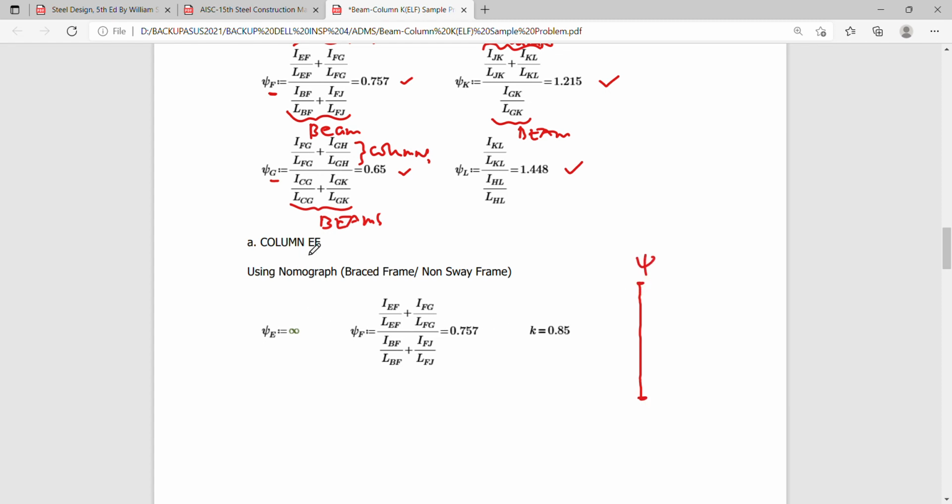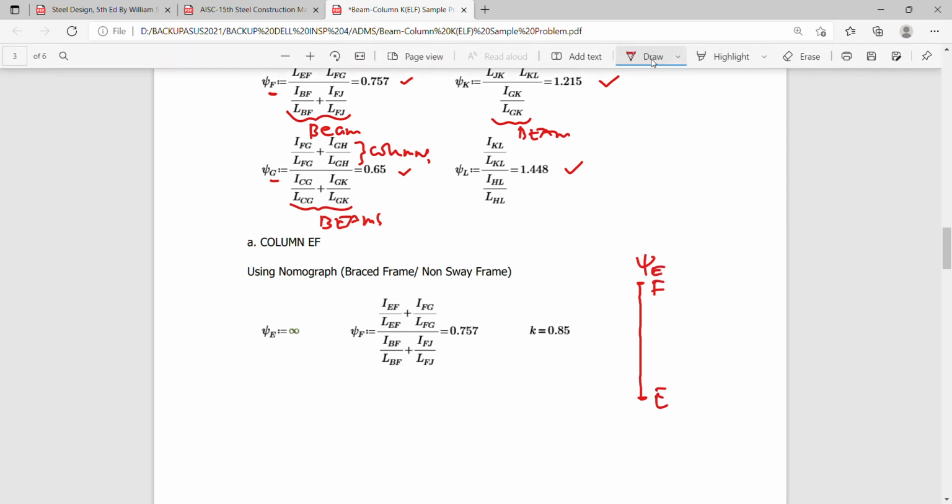So if this is a column EF, I have a psi E here and a psi F there. Okay, so you can actually interchange the position of psi E and psi F, it doesn't matter, but all we need to take note of are the values of psi E and psi F.